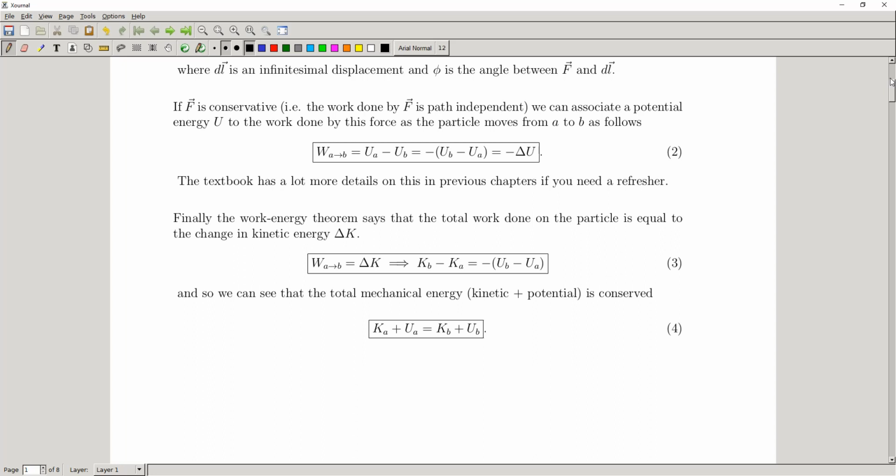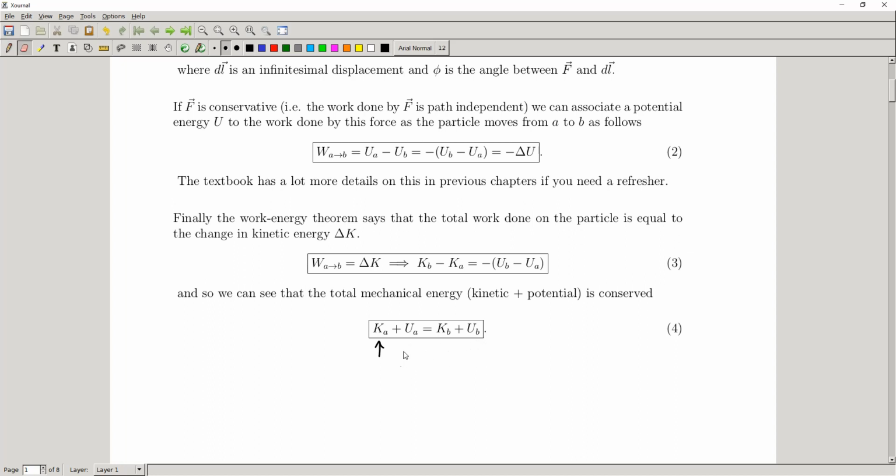So we end up with this expression that we see here, and this allows us to write down this very useful conservation of mechanical energy equation that you would have used a bunch in your Physics 111, and potentially even before that in high school, right? And this is just telling us that our initial kinetic energy plus our initial potential energy is equal to our final kinetic energy plus our final potential energy, right?